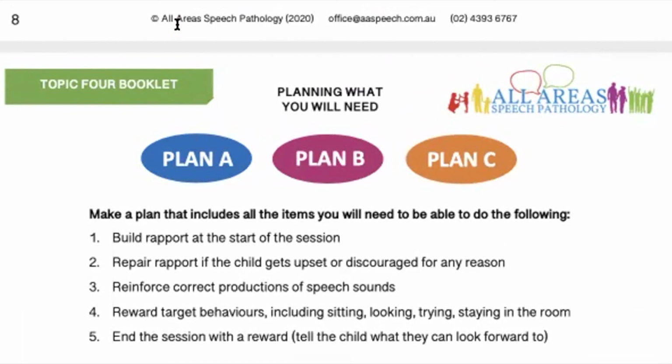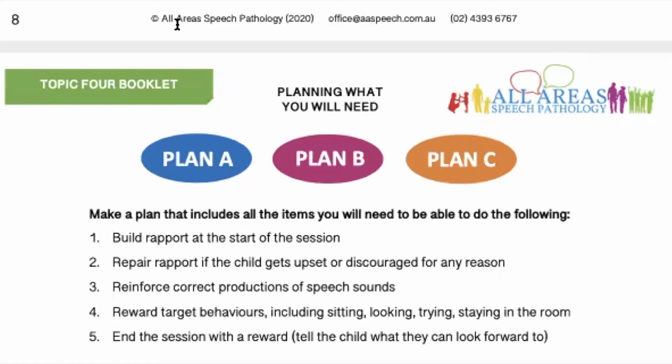We need a plan for how we will repair the rapport if the child gets upset or discouraged for any reason. We need a plan for how we will reinforce correct productions of speech sounds. So what we'll do when they get it right. We need a plan for how we will reward target behaviours.